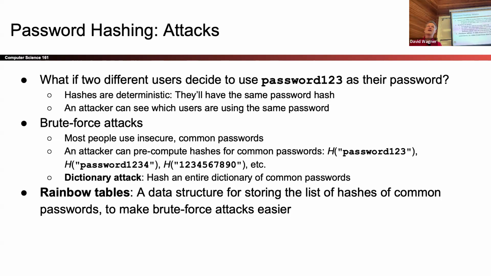And if there's a match, then the attacker knows that their guess at the password was correct. They have figured out what the password of that user is. So if people pick passwords that are 6-digit values based off of a birth date, a birthday of someone close to them, then an attacker can try all 10 to the 6, a million, possible 6-digit values, compute the hash of each, look for matches, and figure out what the passwords of people are.